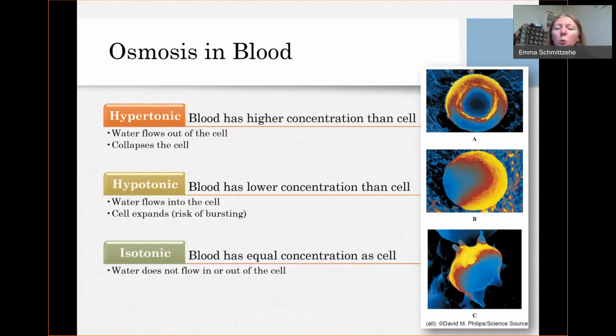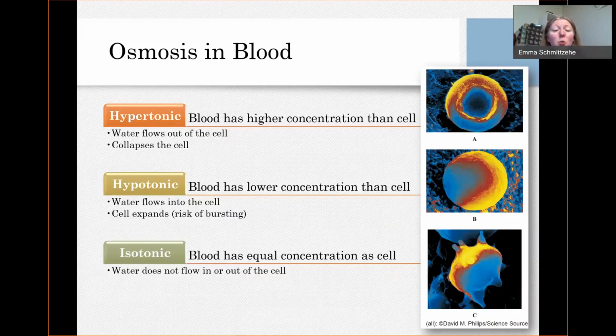And so if you were to go into a field where you were dealing with blood or anything like that in the human body or even animals, you may hear the terminology associated with osmosis in the blood. And so they'll talk about a solution being hypertonic or hypotonic or isotonic.